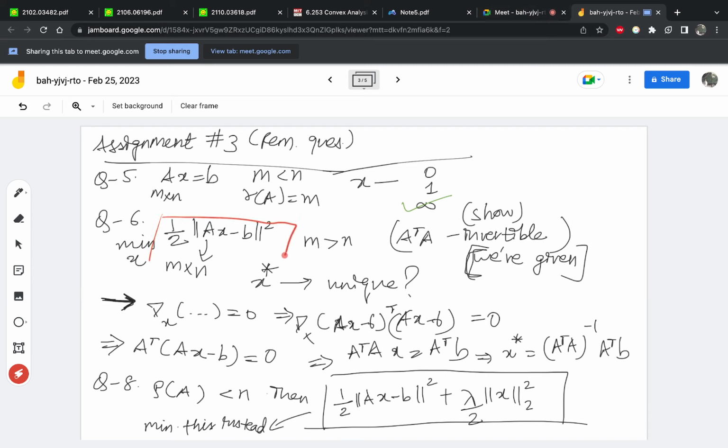This problem you can see here at question 6, where I'm minimizing the error between Ax and b by finding an appropriate x. This is called a least squares regression problem, because I'm minimizing the norm squared of the error, trying to find an x such that Ax is close to b. So this would be termed a least squares regression problem.